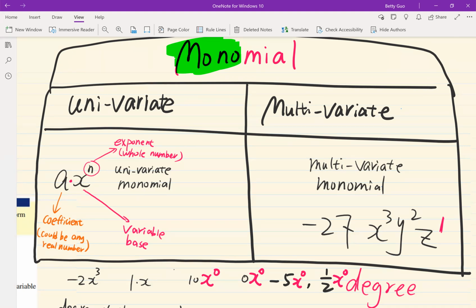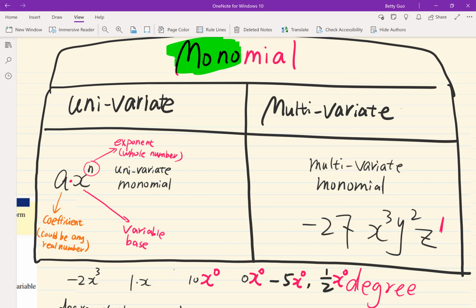You need to remember that it has to be a whole number. Take notes, those details need to be in your notes. The n here is also called the degree, D-E-G-R-E-E. Degree has to be a whole number.